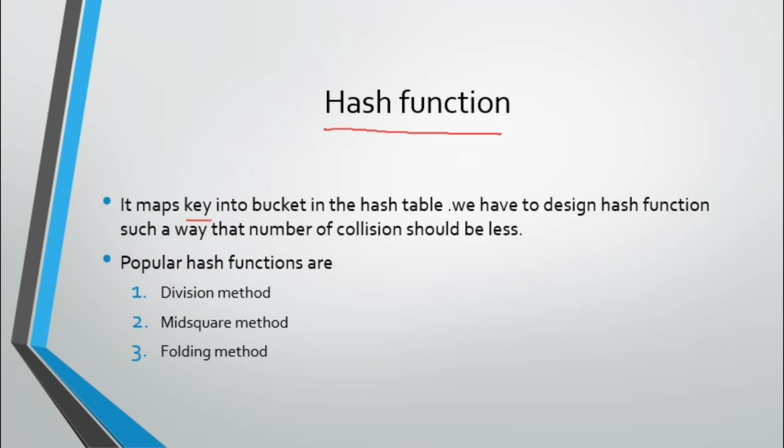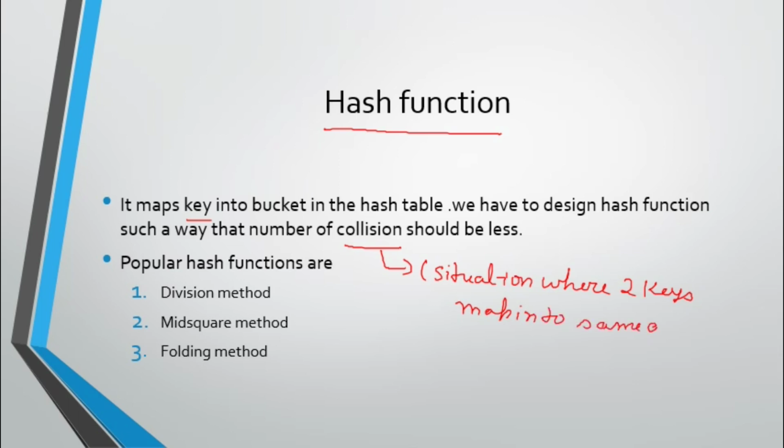We have to design the hash function in such a way that the number of collisions is small. What is a collision? A collision is a situation where two keys map into the same address, or the same bucket in a hash table.